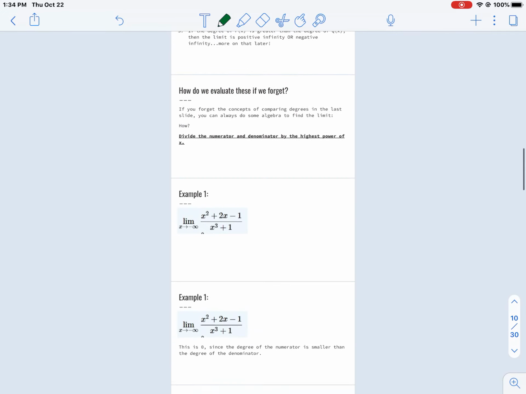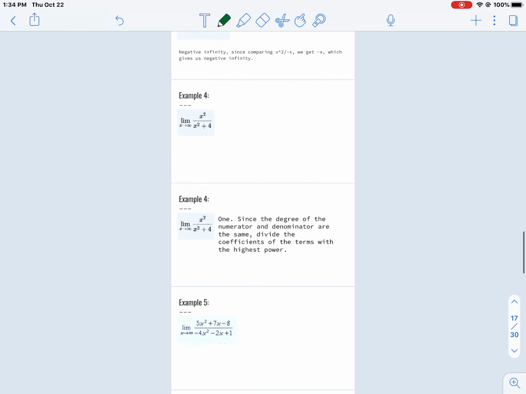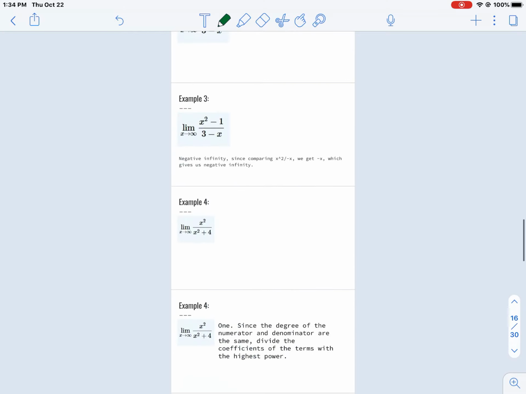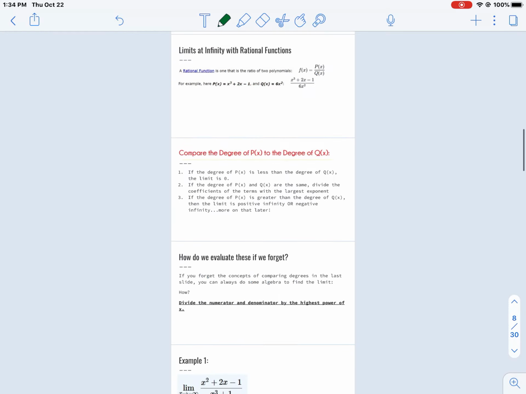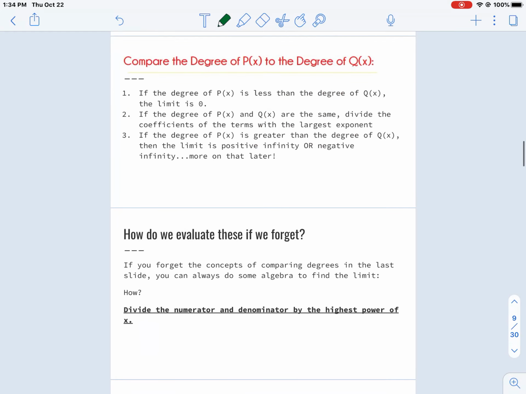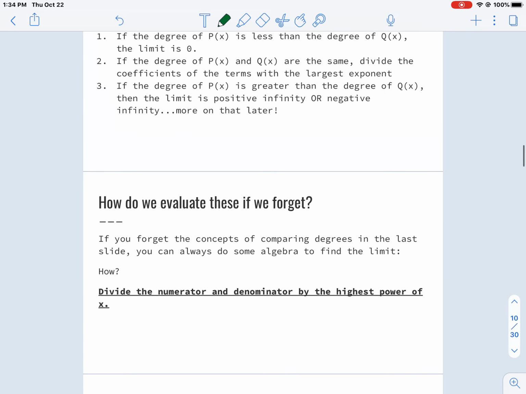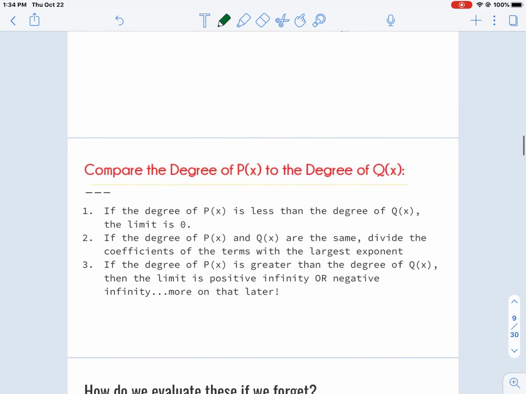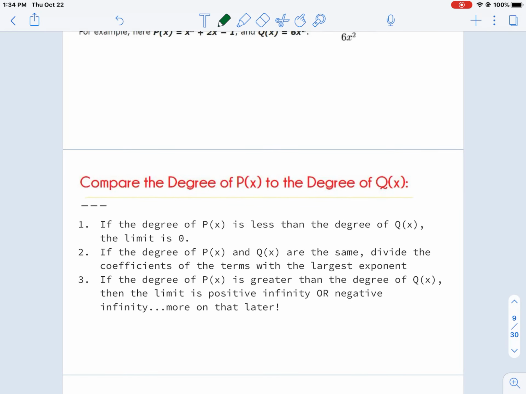So I just want to reiterate, you will have to divide, okay? You will have to do those ones where you're dividing the numerator and denominator by the highest power of x, okay? That's what we have to do. And then up here, right, we're going to know the answer before we even start, really, okay? Because if we look at it, we say degree of numerator is less than degree of denominator, 0.